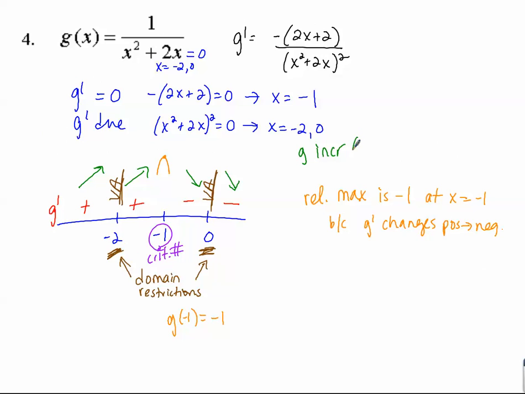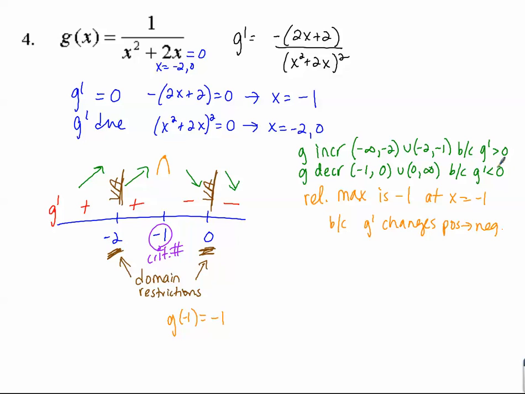We have to split it up on 2 intervals, -infinity to -2, union -2 to -1, because g prime is greater than 0. Similarly, g is decreasing. We have to break it up because of the vertical asymptote from -1 to 0, union from 0 to infinity because g prime is less than 0. Notice that big difference.